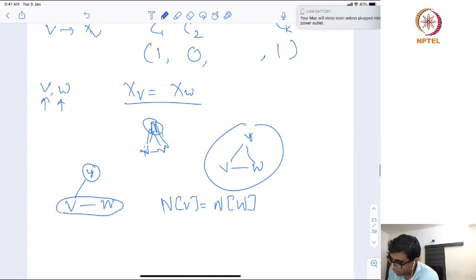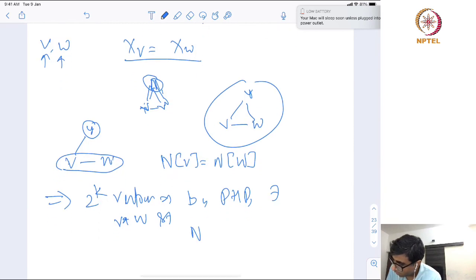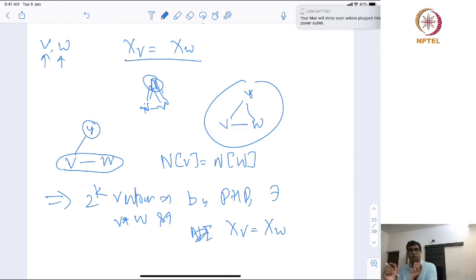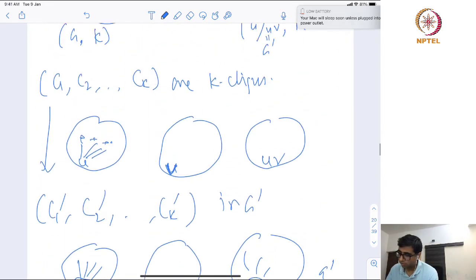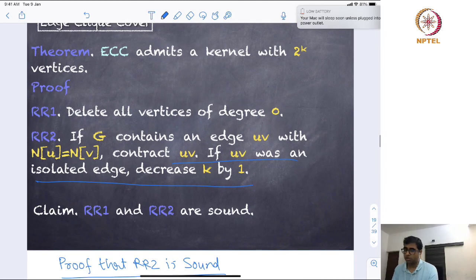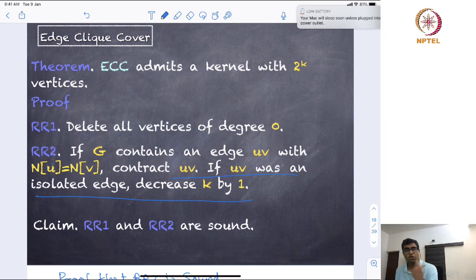So if there are more than 2 power k vertices, then by the pigeonhole principle there exist V and W such that xv equals xw. If there are two vertices whose closed neighborhood is the same, then our reduction rule 2 would apply: if G contains an edge uv with N[u] equal to N[v], contract uv.